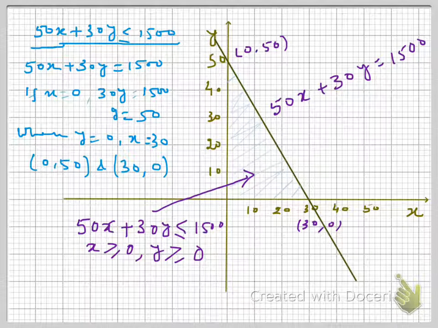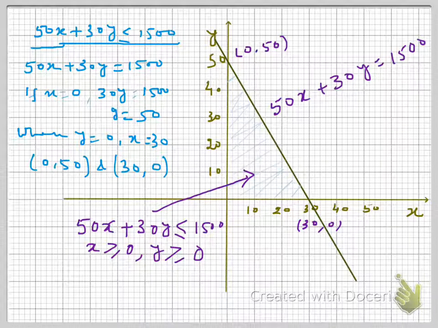You can find any 2 points on the straight line and then you can draw. So we have taken a point (30, 0) here and (0, 50) here, and this is a straight line which is represented by 50X plus 30Y equal to 1500.